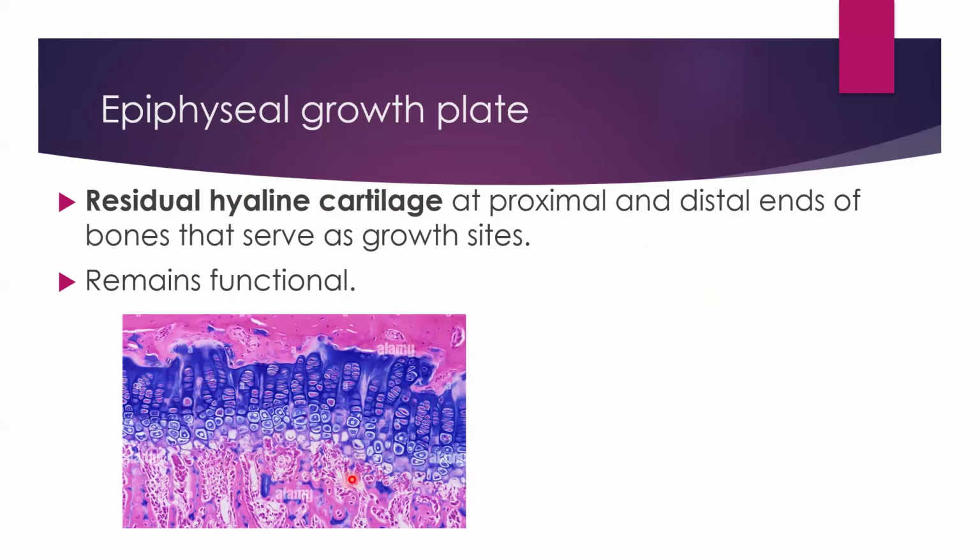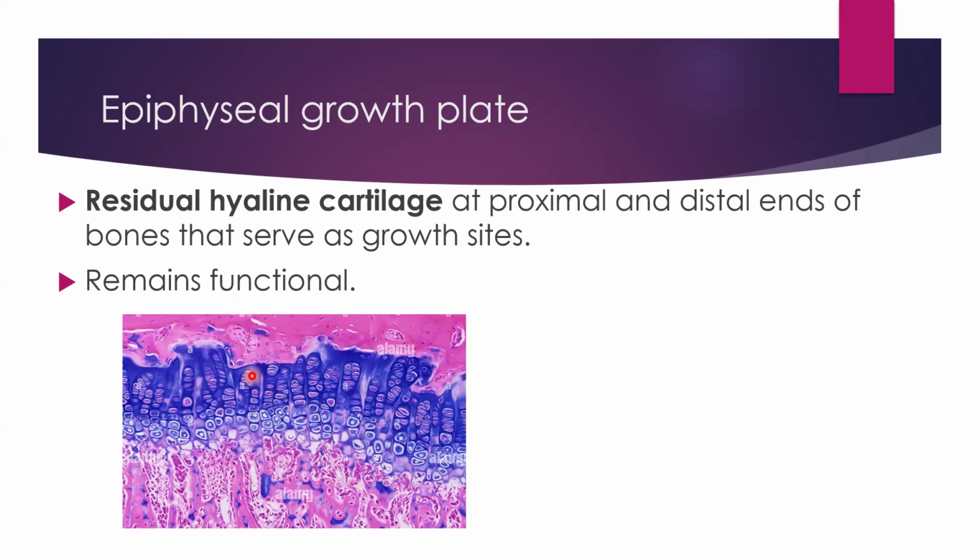This hyaline cartilage will remain functional as long as the bone continues to grow. And then we'll appreciate that this epiphyseal growth plate is the one that leads to elongation of bones.